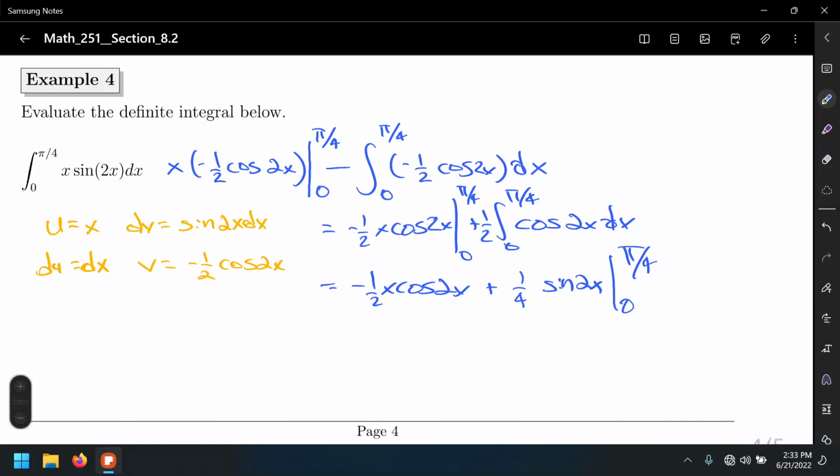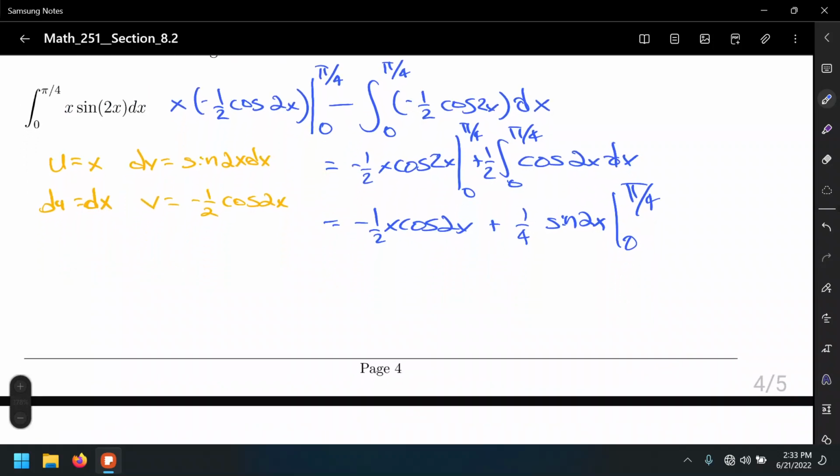And from here, let's do the upper limit minus lower limit, fundamental theorem of calculus. So, negative 1/2 times pi over 4. Wherever we see the letter x, we replace with pi over 4.